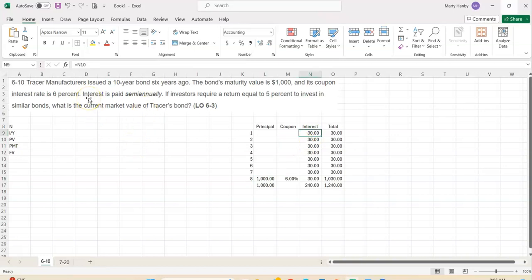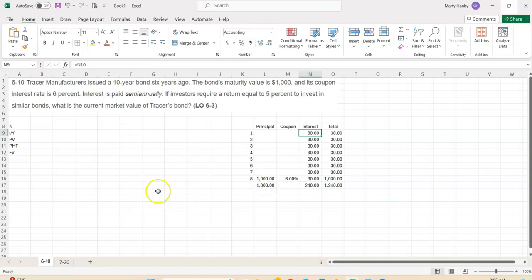When we work these problems, we're assuming we're settling on an interest payment date. There is a bond function in your calculator, and in Excel, bond price, that will do calculations that aren't on an interest payment date. If you think about it, coupon payment dates are only twice a year, so most bonds are probably traded between interest payment dates. Then we have to allow for the interest that has been accrued up to that point.